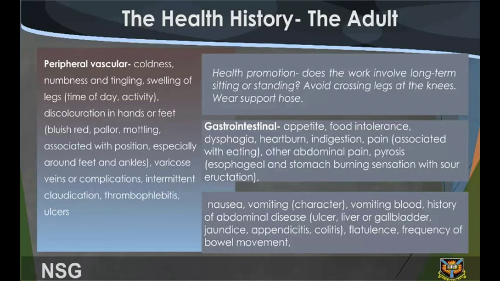Peripheral vascular: coldness, numbness and tingling, swelling of legs, time of day, activity, discoloration in hands or feet, bluish red, pallor, mottling, associated with position, especially around feet and ankles, varicose veins or complications, intermittent claudication, thrombophlebitis, ulcers.